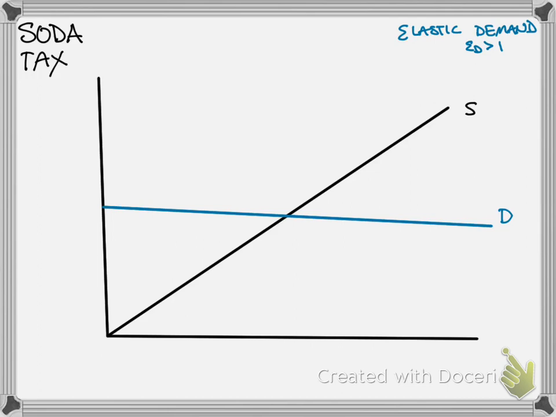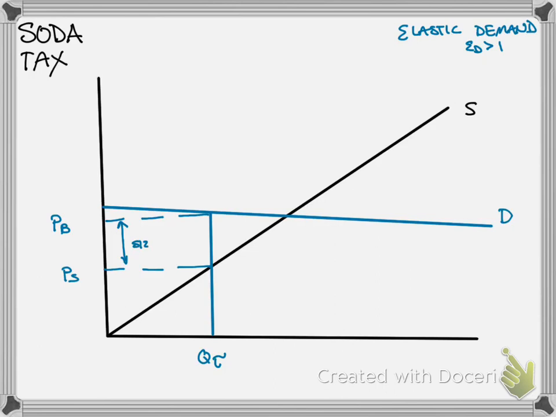In this scenario, if I were to implement a tax, then this would be my quantity with a tax. Here would be my price that the buyer pays. And here's the price that the seller receives.